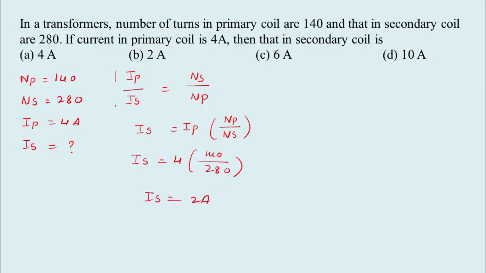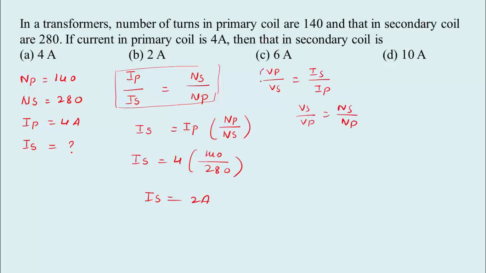So before that you should know this relation. This relation is very important. Or you can use the relation Vp by Vs equal to Is divided by Ip. But here we know that Vs by Vp equal to Ns by Np.